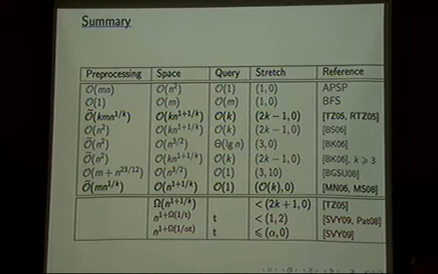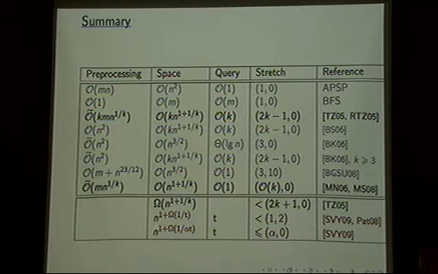Let's say we care about linear space, because these graphs are huge, and basically all we can do is linear space. As soon as we have n to the 1 plus epsilon, it's not going to fit in your memory anymore. So if we want to get linear space here, we can set either alpha or t to log n.